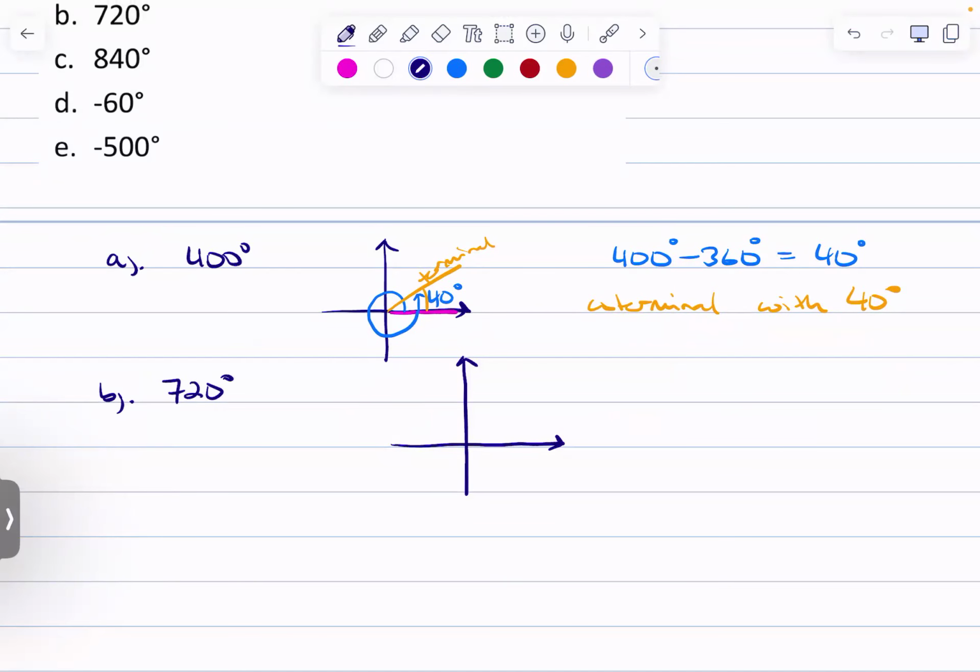Same idea: 720 minus 360, where does that put me?